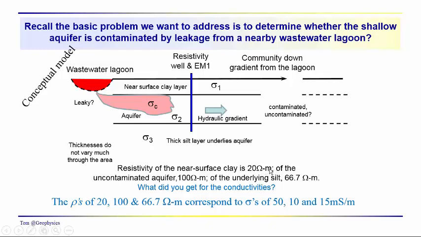We multiply that times 1,000, which gives us 50. This is in units of millisiemens per meter. So we've gone from resistivities in ohm meters to conductivities in millisiemens per meter. And for 20, 100, and 66.7 ohm meters, you should have obtained 50, 10, and 15 millisiemens per meter for the conductivities.